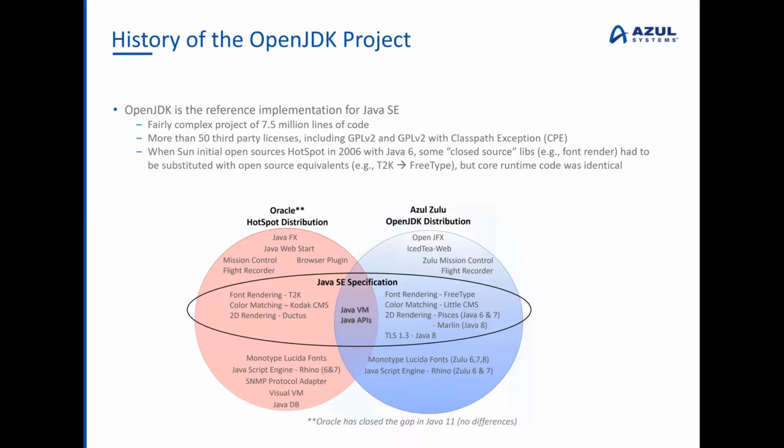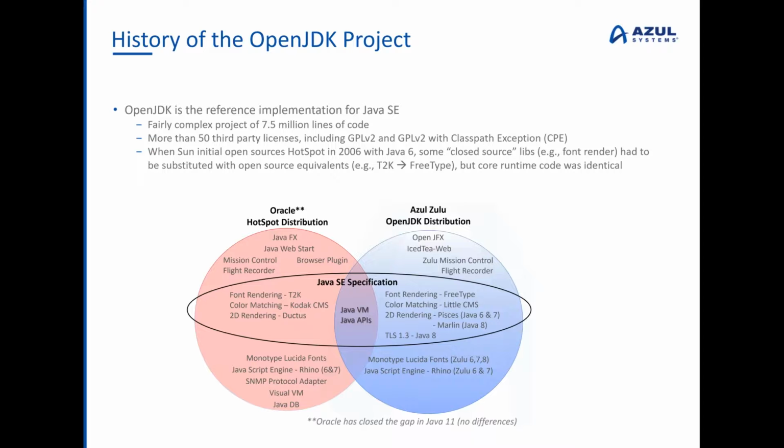And if we actually look at the Sun Oracle distributions in those days compared to what is in an OpenJDK distribution such as Azul Zulu, the Oracle distribution on the left, you'll see when you look at the center underneath the Java SE specification that the core Java virtual machine and the Java APIs that we know and love and use in our applications are common and are part of the specification.